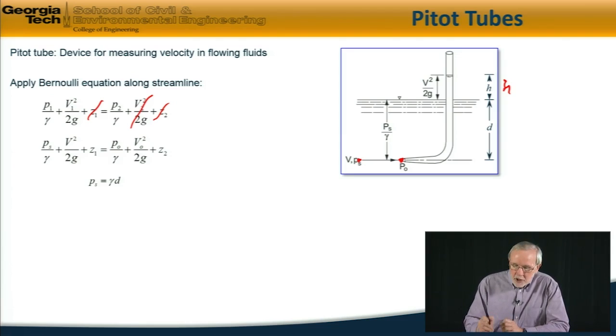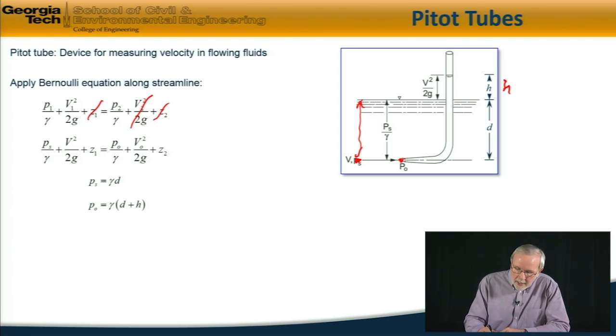Next, we apply hydrostatics to this point, and the hydrostatic pressure in a flowing fluid with straight and parallel streamlines is the same as the hydrostatic pressure. So the pressure at that point is just the pressure due to the column of fluid which is sitting above here, which is gamma times d, where d is the depth of the tip below the water surface.